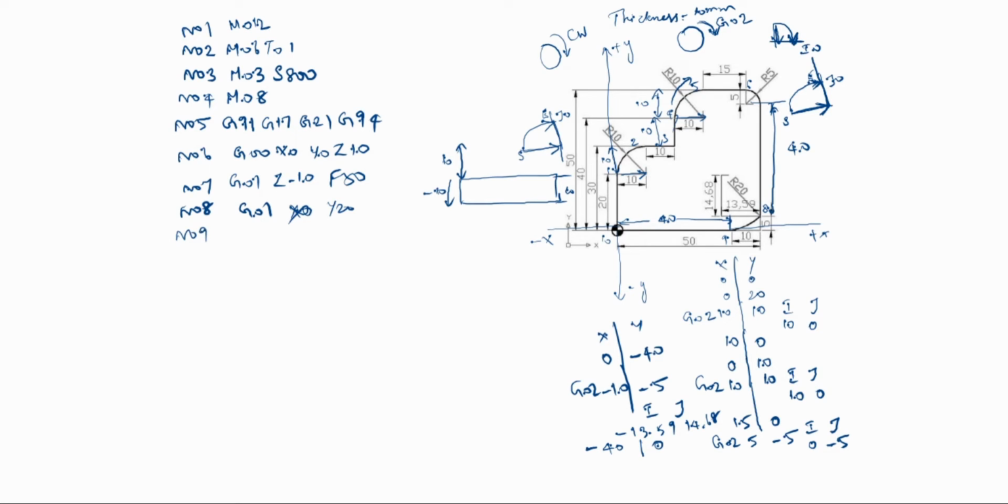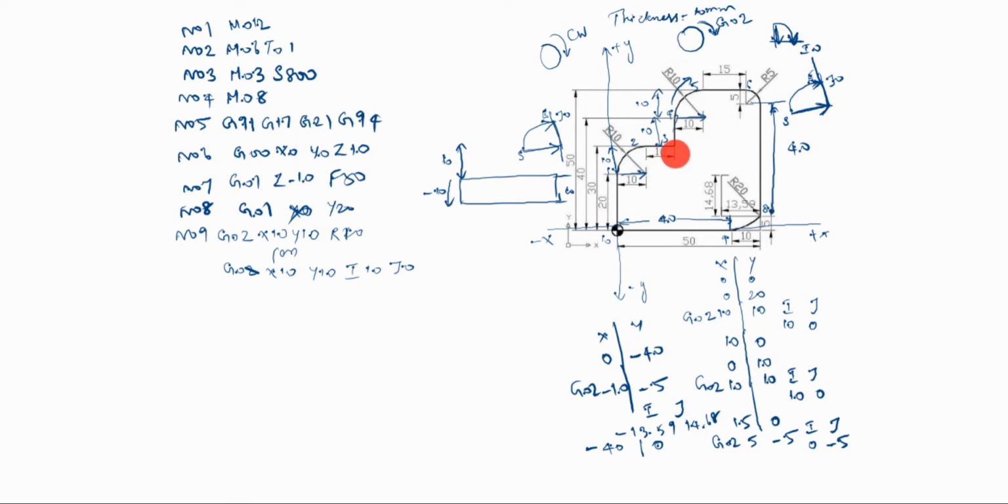Now we will write N09, G02, X10, Y10, R10, or G02, X10, Y10, I10, J0. Up to here we finished. So this is linear.